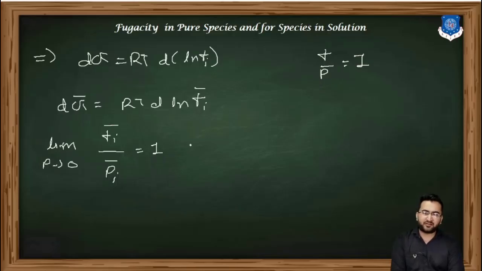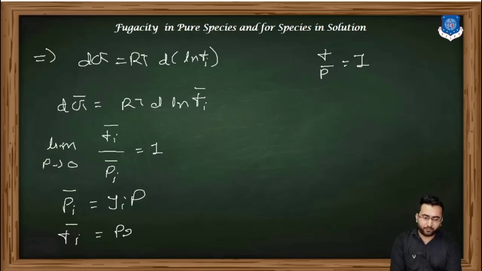We know that the partial pressure is given by Pi bar is equal to Yi P. So we can write Fi bar is equal to P Xi. So this becomes our fugacity in liquid solution, where Yi is the mole fraction of gas for component i and Xi is the mole fraction of liquid for component i.